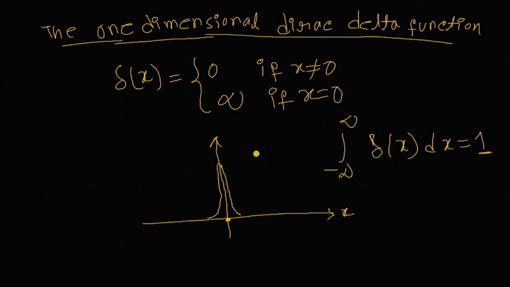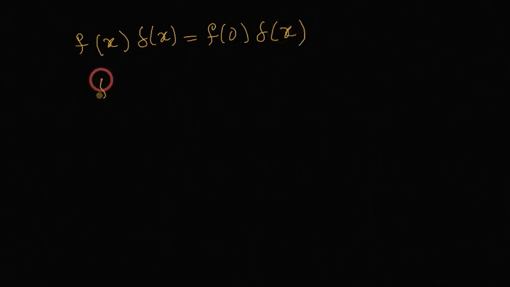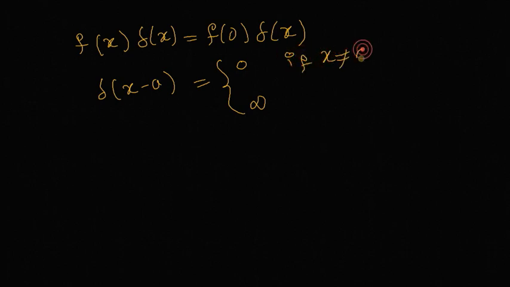We can also write that for the Dirac delta function, f of x del of x equals f of 0 del of x. And del of x minus a equals 0 or infinity. Del of x minus a will be 0 if x is not equal to a, and del of x minus a will be infinity if x equals a.